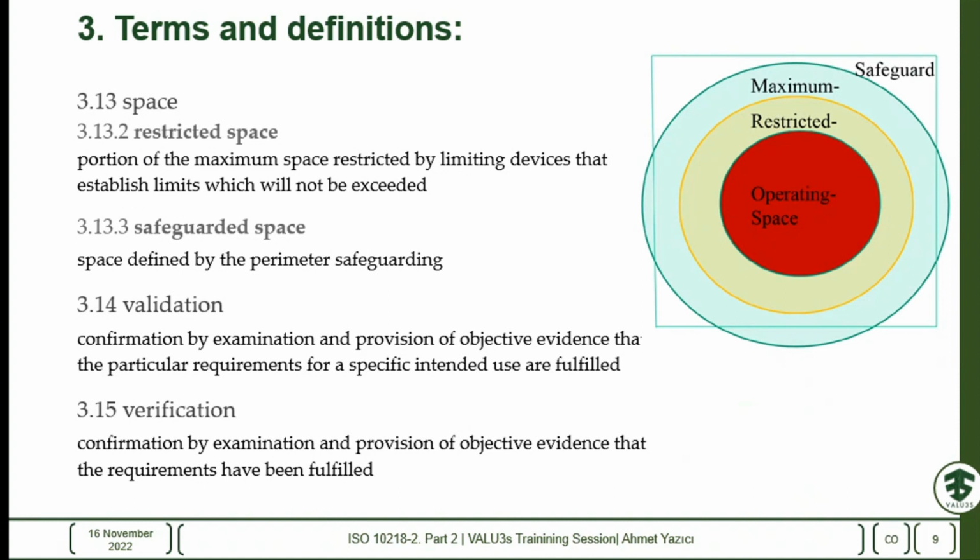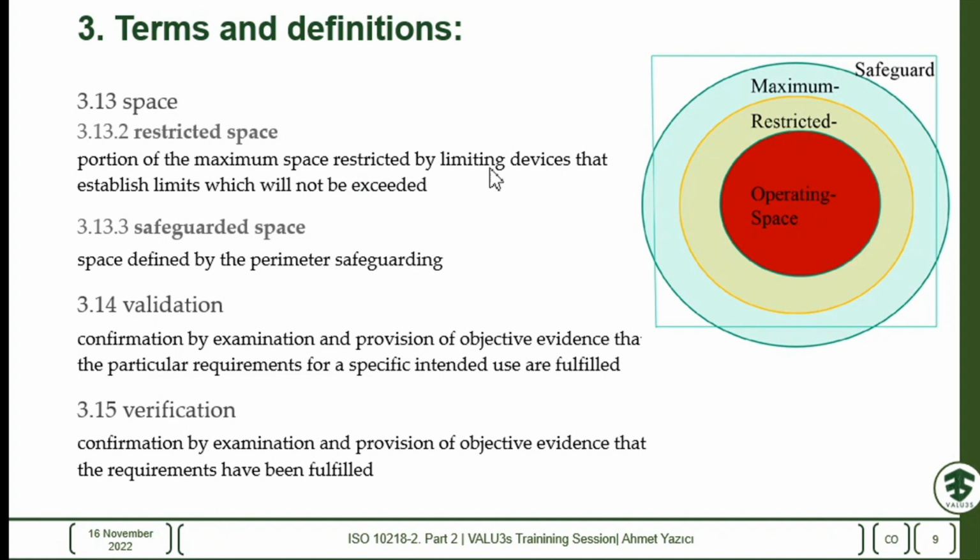There are some terms actually. The operating space is important: restricted space, maximum space, and safeguarded space are important. So the restricted space is the portion of maximum space limited by a limiting device that establishes a limit which will not be exceeded.